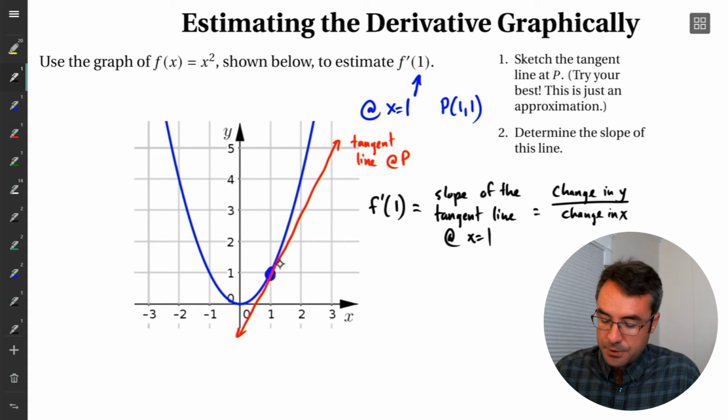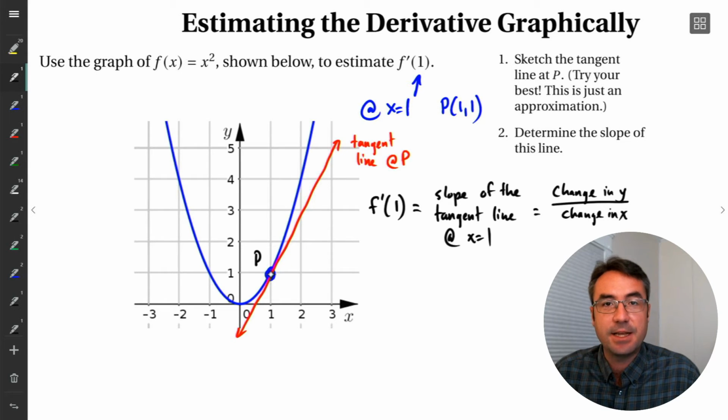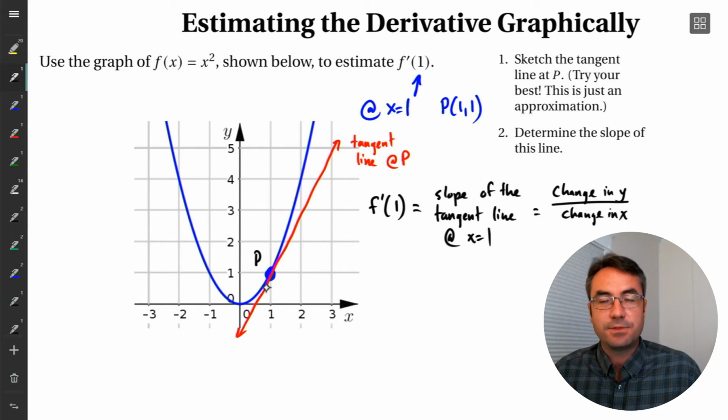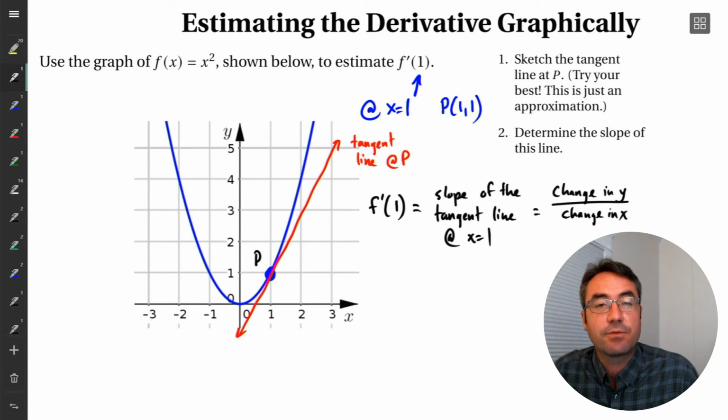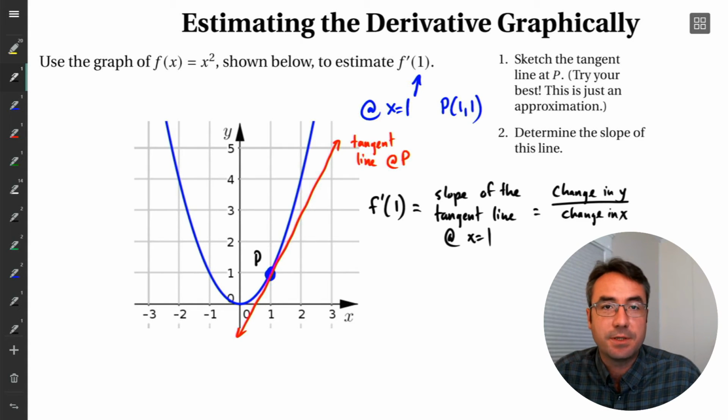So what we can do is we have our tangent line drawn. We know point P is on this tangent line. So to find the slope, pick some other point and then just calculate. So look at how much y changes going from one point to the other and see how much x changes going from one point to the other.